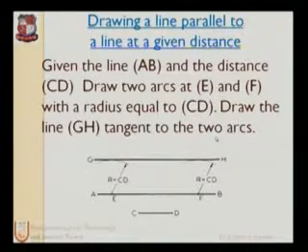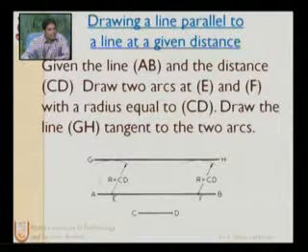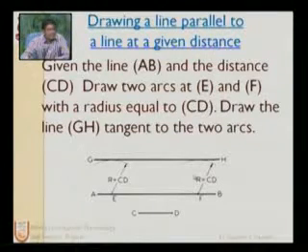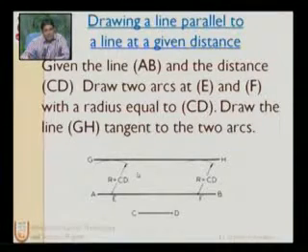Let's take another example: drawing a line which is parallel to a line at a given distance. Given the line AB, first let's draw the line AB and the distance. For example, if the distance given is 20 mm, let's take CD as the radius, 20 mm.